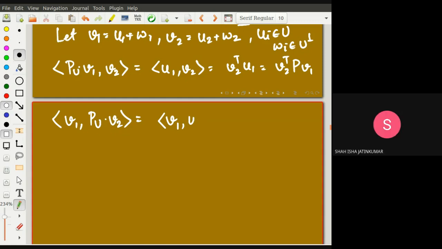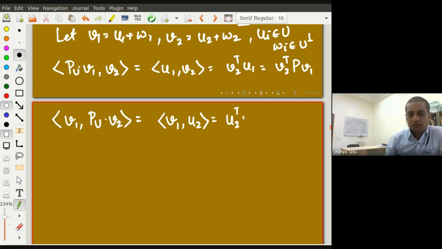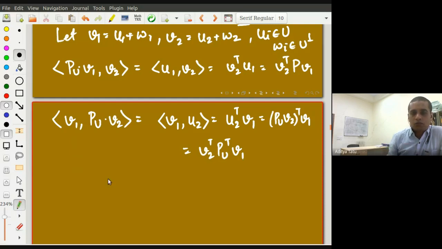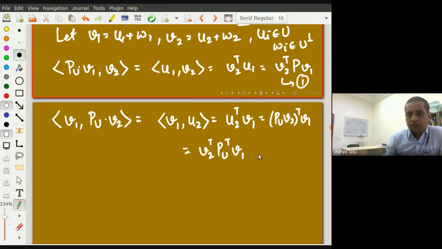It is u2. By definition this is u2 transpose v1. What is u2? That's PU into v2, transposed, times v1, which is v2 transpose PU transpose v1. Please keep these two in mind.